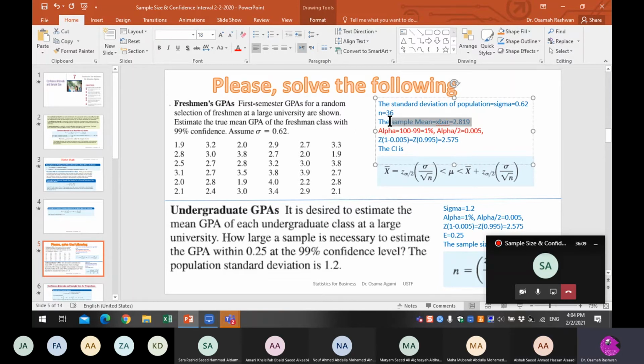And this is the sample mean, which we got using our calculator. And what is the sample size here? 1, 2, 3, 4, 5, 6 times 6 is 36, right? So I am looking for the information in the formula I'm going to use. Now I go for z of alpha over 2. So I will go for the z table.